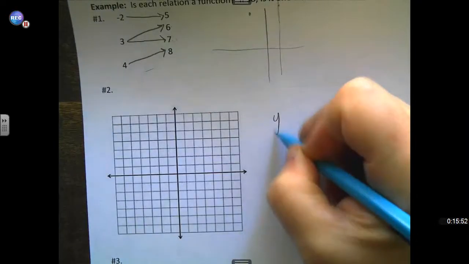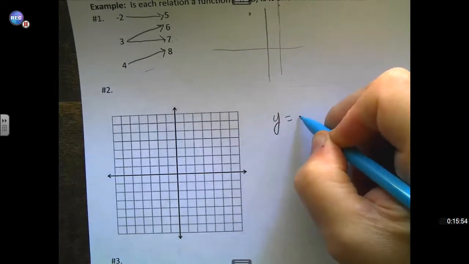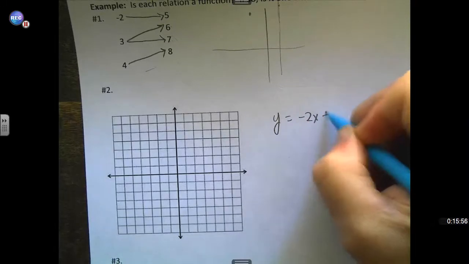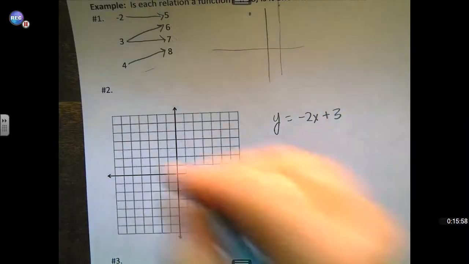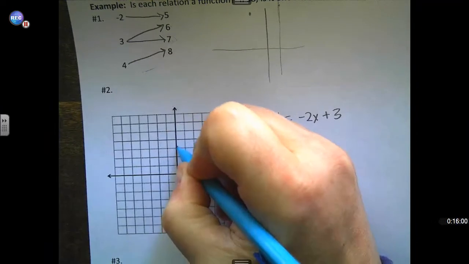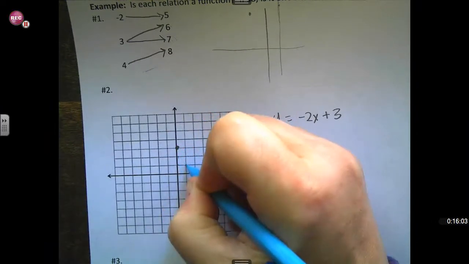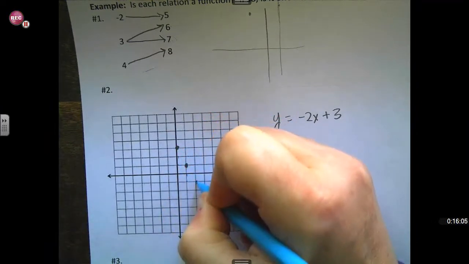You have the equation of a line, y equals -2x plus 3. So let's see, 1, 2, 3, then rise -2, run 1, rise -2, run 1.